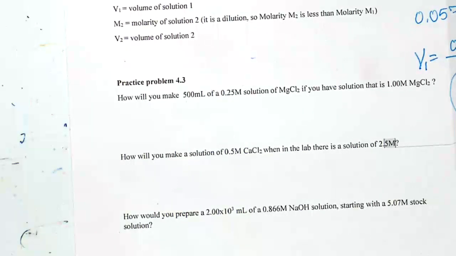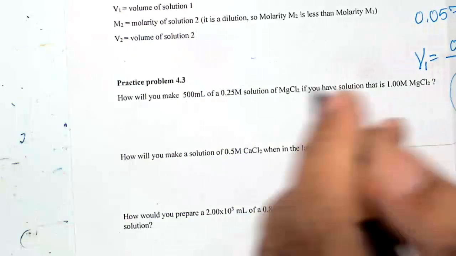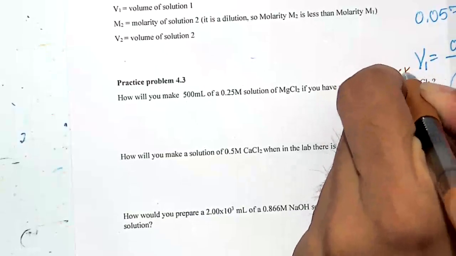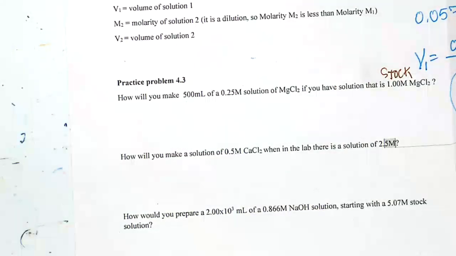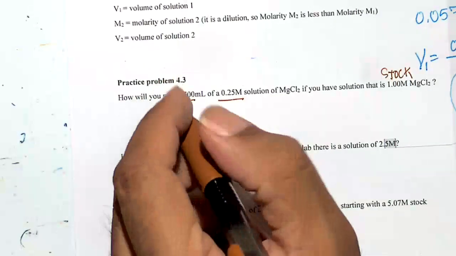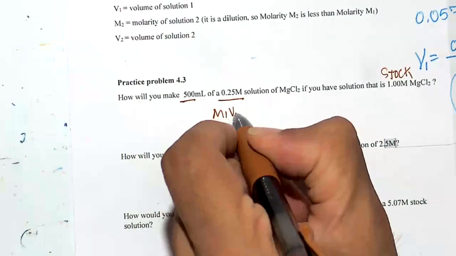All right, how will you make 500 mLs of a 0.25 molar solution of magnesium chloride if you have a solution that is 1 molar magnesium chloride? Okay, so which one of these is our stock? The 1 molar magnesium chloride is our stock solution. And we want to make 500 milliliters of 0.25 moles over liter.